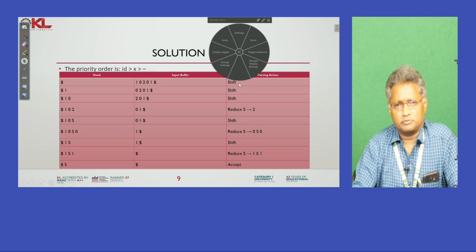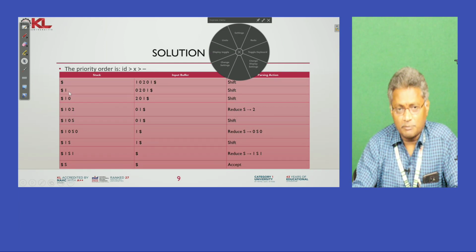The first action is shift. We apply the shift action on the string in the input buffer, and the leftmost symbol is moved onto the top of the stack, that is, 1 moves onto the stack. Then in the input buffer the remaining string is 0 2 0 1 and dollar.